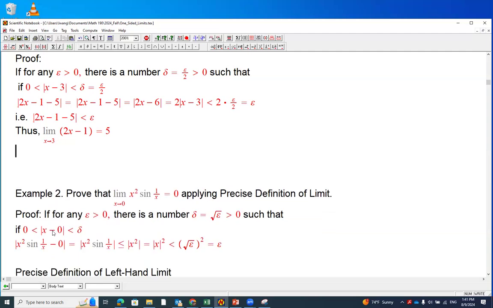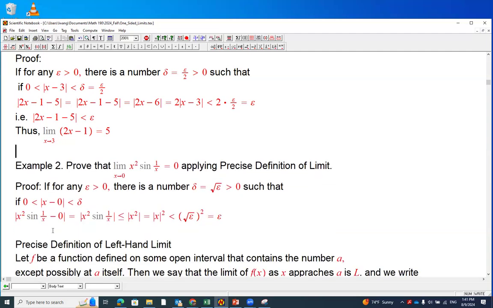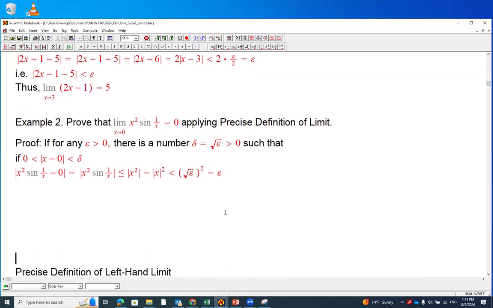Let's take another example that we have demonstrated. So I'm going to show you the work. Prove that the limit of x squared times sine of 1 over x equals 0, applying the precise definition of limits. How do I show work?